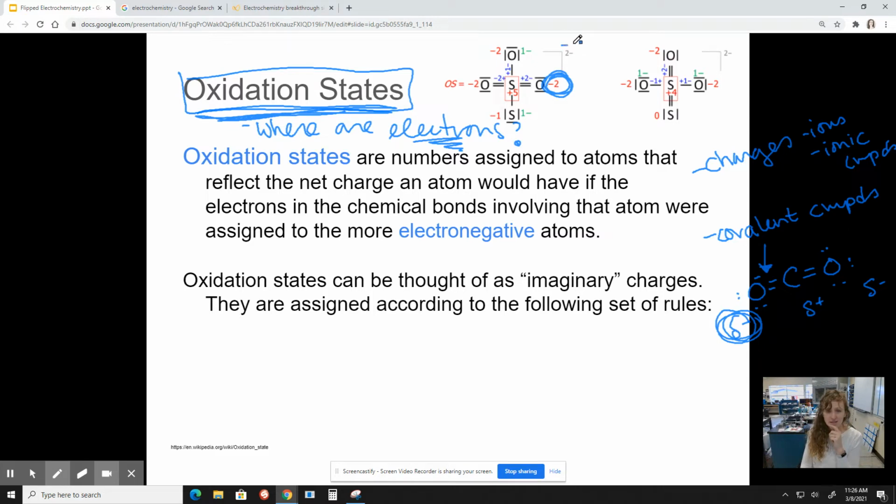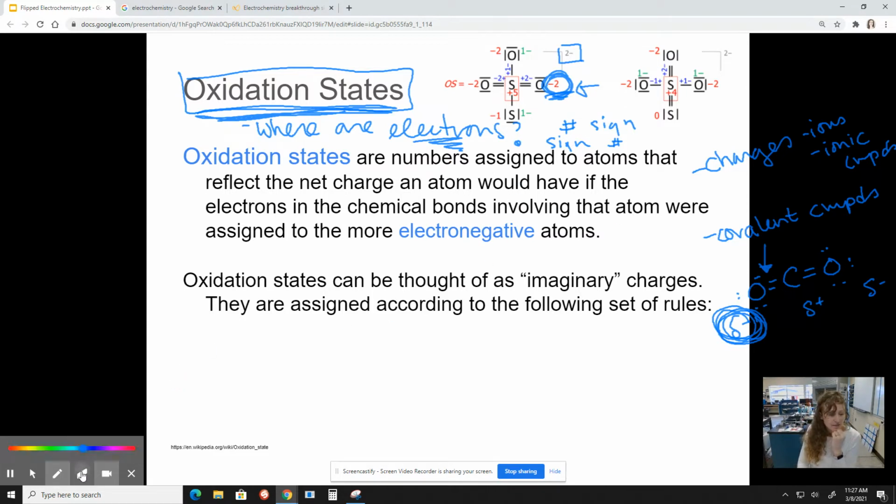Notice you can tell the difference between an actual charge because it's written with the number and then the sign, versus an oxidation state that's written as the sign and then the number. Oxidation states are just convenient ways for us to track electrons, and it's more convenient for us to do that in whole numbers rather than partial numbers. And so we're going to assign those whole numbers as oxidation states.